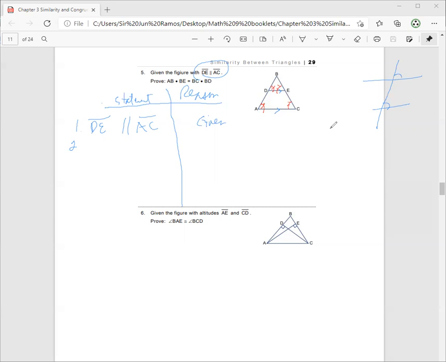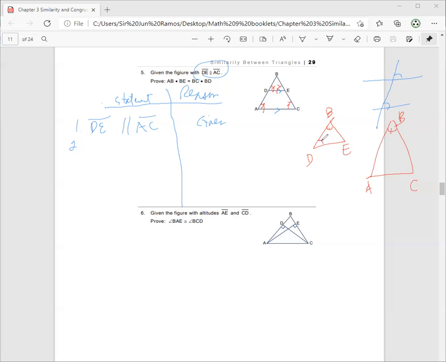And if I now try to separate the two triangles here, I said BDE, and the bigger triangle will be BAC. I know that this angle is congruent to itself, okay? And I already know that angle D here is congruent to angle BAC.